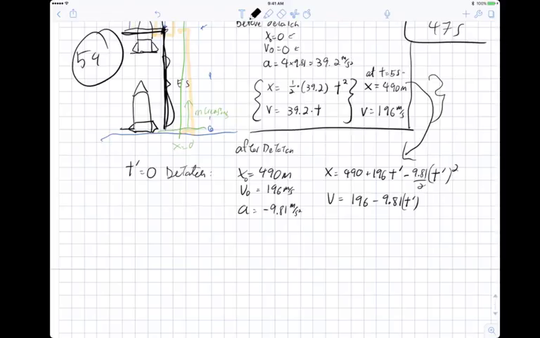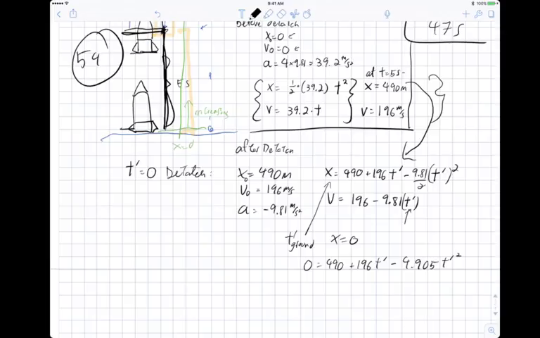So if I knew what time it hit the ground, I could figure out the position and the velocity. But I don't know. What I do know is that at t ground, x is equal to 0. So I do that. And then I find t prime and I plug it in there.